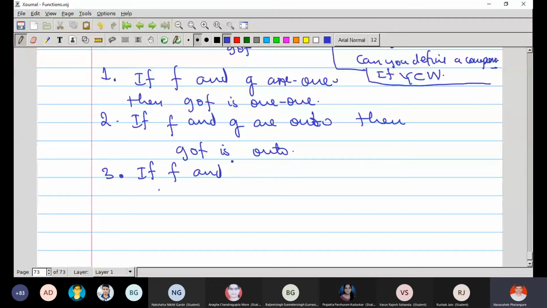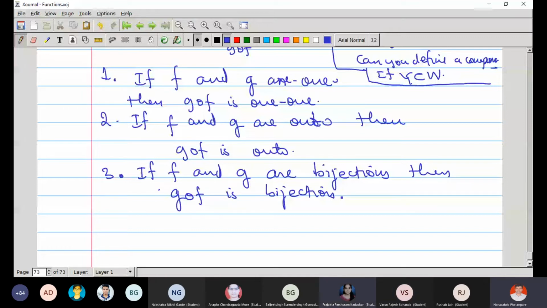That means F and G are bijections, then is G composite F a bijection? Yes, sir, it's a bijection. From the previous two points it is clear, but it is essential to prove points 1 and 2. Then we can believe the third is also true.